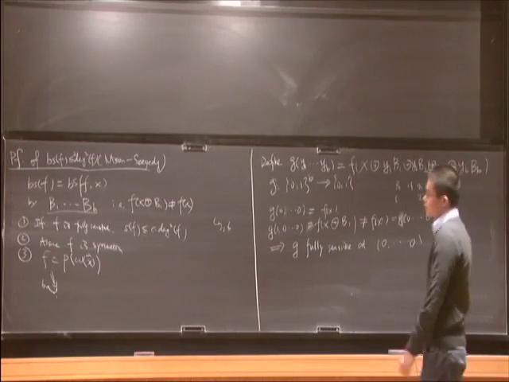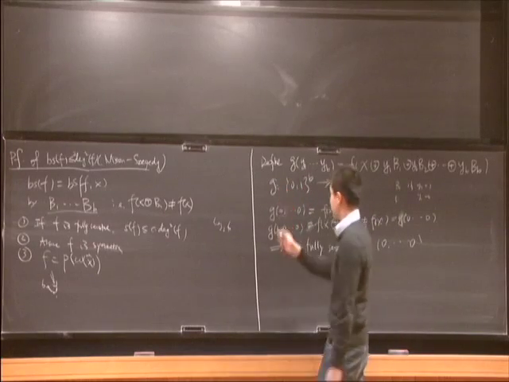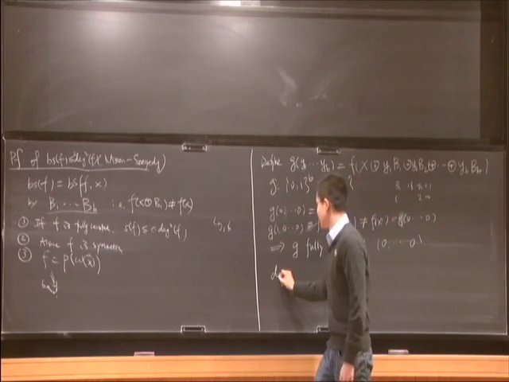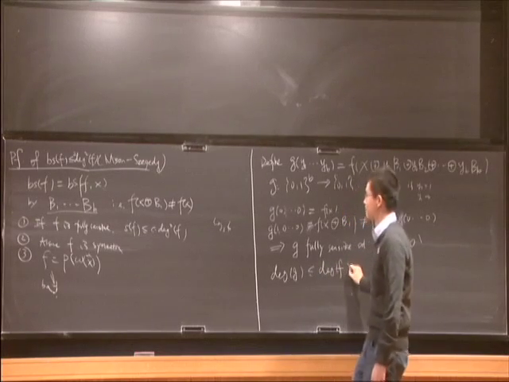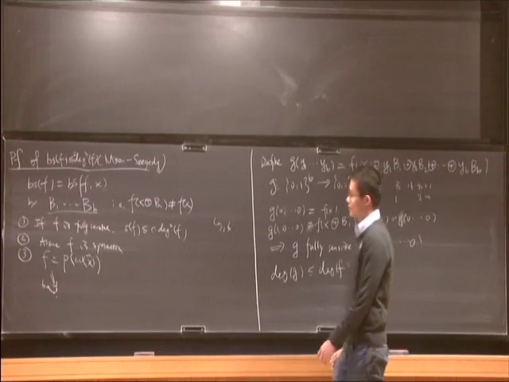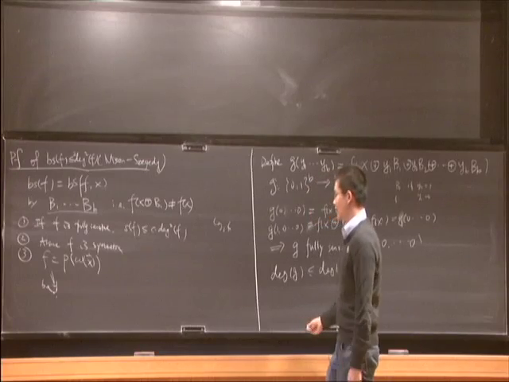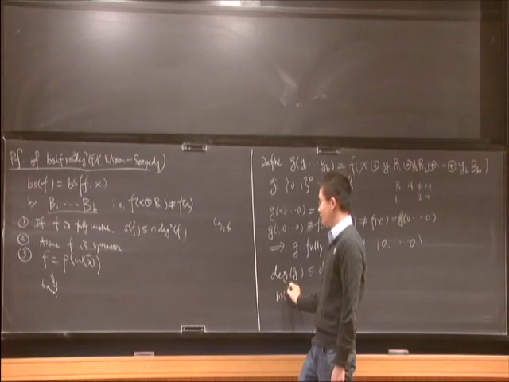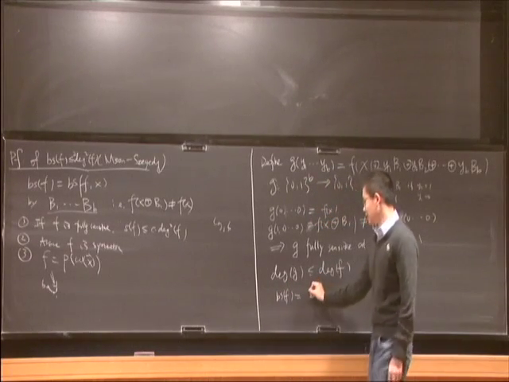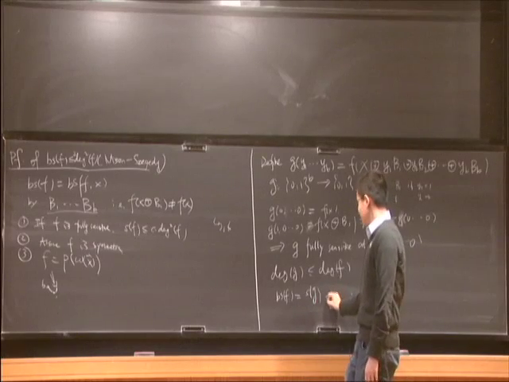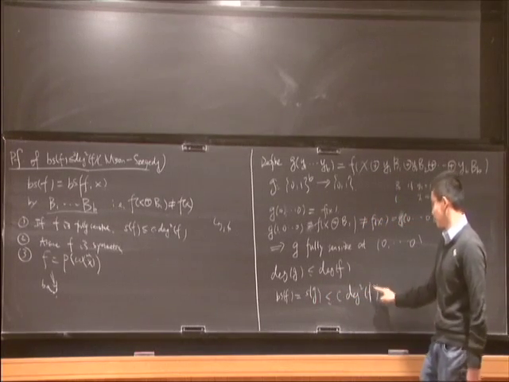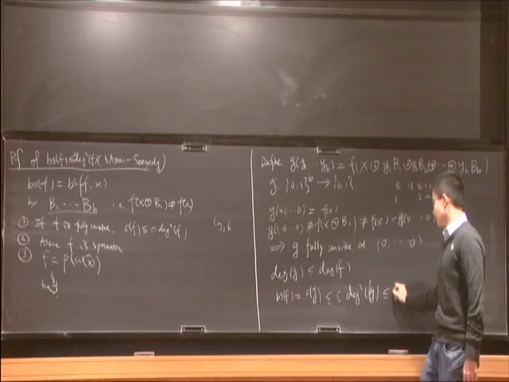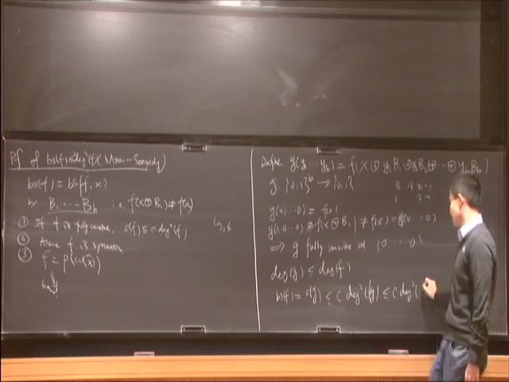And now we only need to compare the degree of g with the degree of f, but it's quite obvious that the degree of g is less than or equal to the degree of f. So if this is true, then we have the block sensitivity of f is equal to the sensitivity of g, bounded by some constant times the square of the degree of g, bounded by some constant times the square of the degree of f.